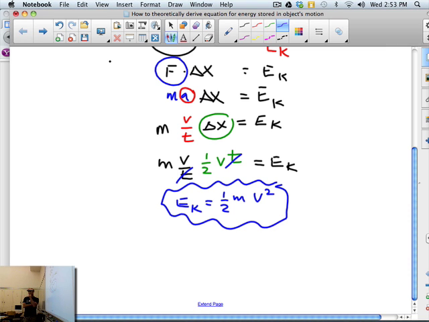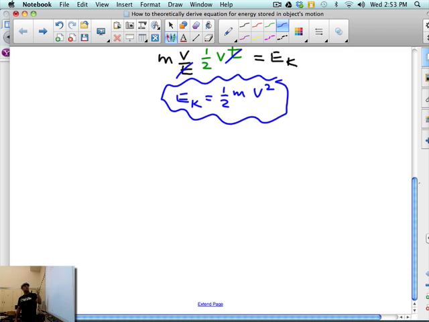Because this is where it's really going to help you. Let me graph. You're supposed to have this graph from your data, and it looks like that. What is this going to look like if kinetic energy is proportional to the square of velocity?